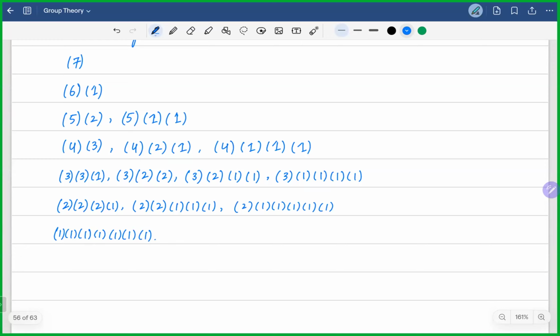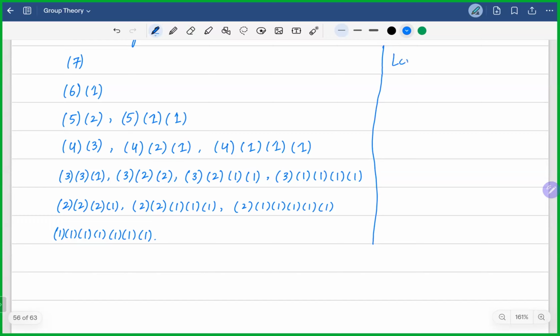Now, from Theorem 5.3, we see that the orders of the elements of S7 are what? So, a cycle of this form has orders. No, that's going to be a wrong notation. But I can write something here.